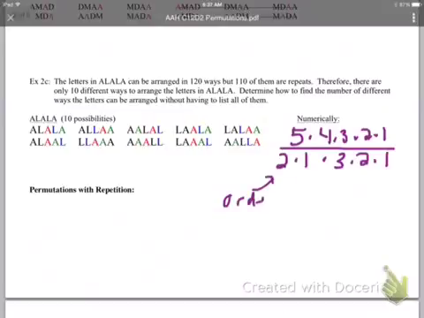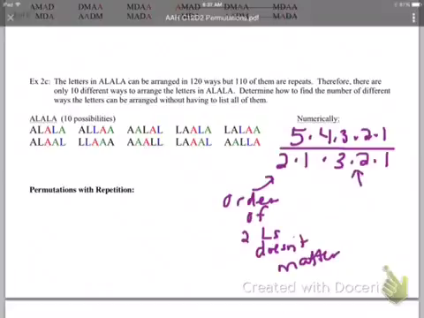We have to divide out the fact that the order of the 2 L's doesn't matter. And here, with the 3 times 2 times 1, the order of the 3 A's doesn't matter.